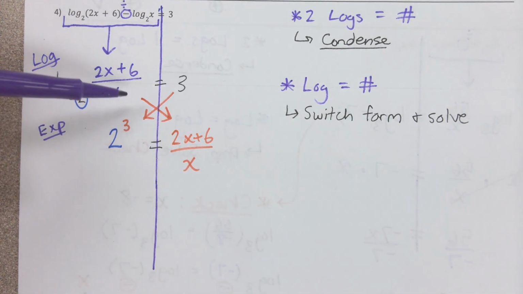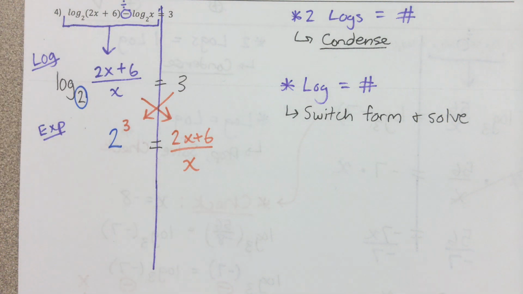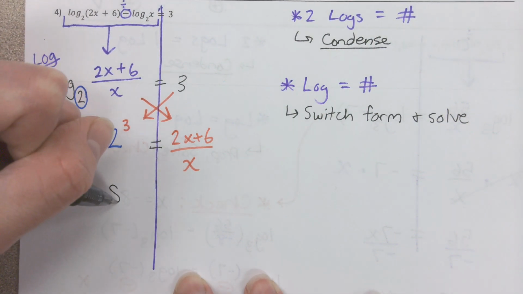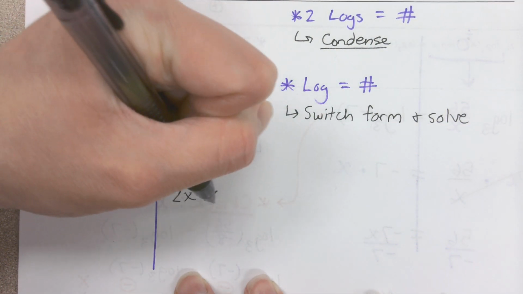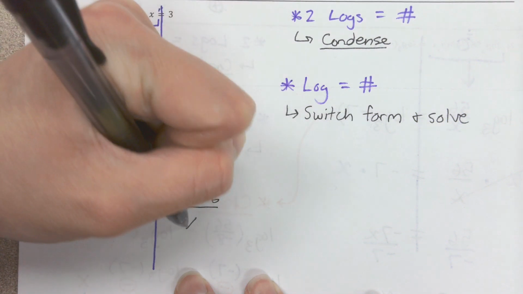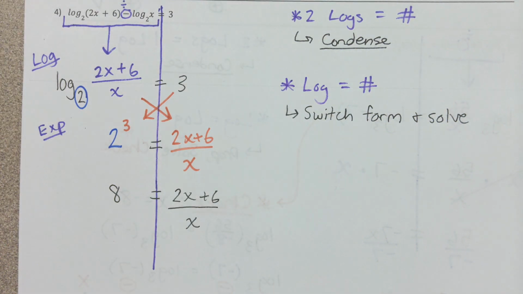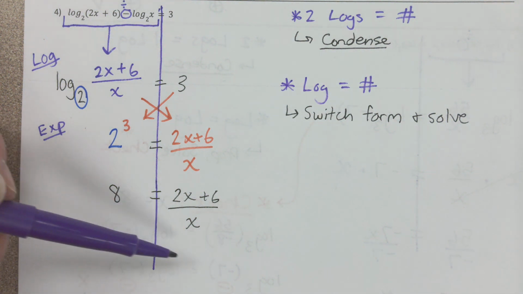Now we have exponential on the left, but we don't have exponential on the right. So we just figure out what 2 cubed is, which is 8. So I'll replace 2 cubed with 8 equals 2x plus 6 over x. And then we just had this same scenario on the front side, where we had an x in the denominator.